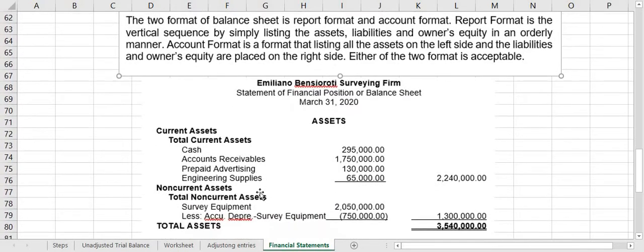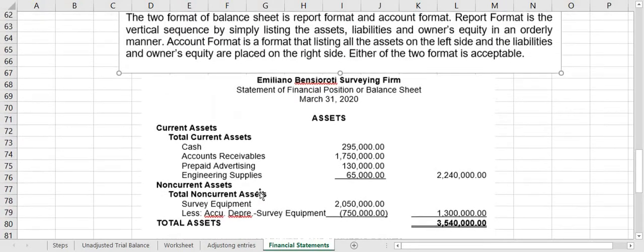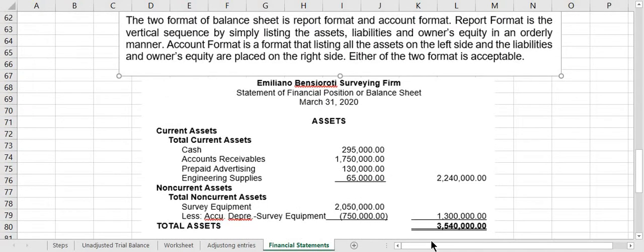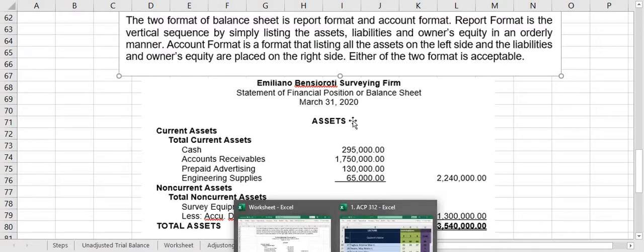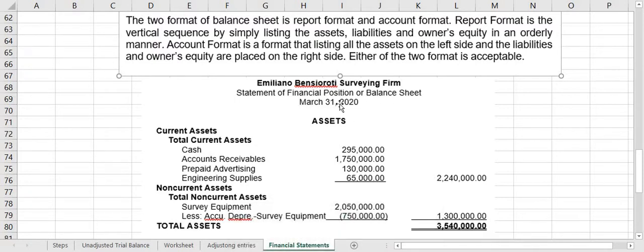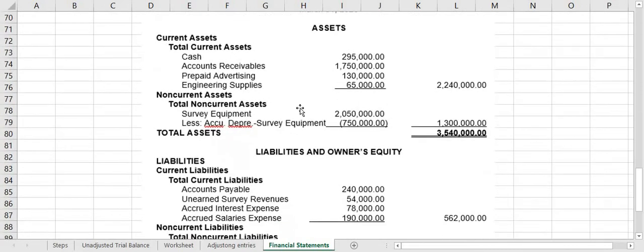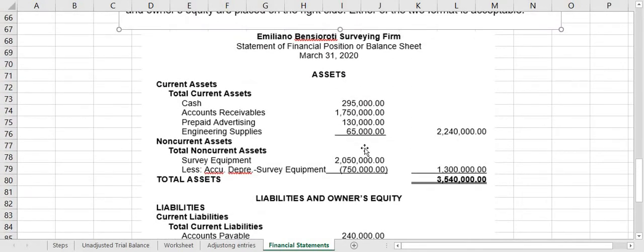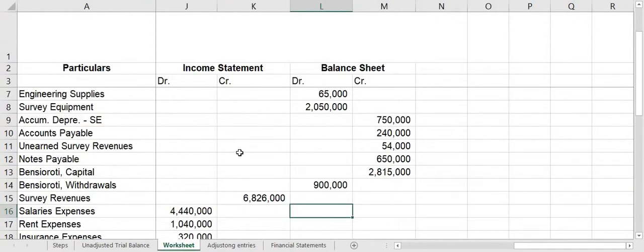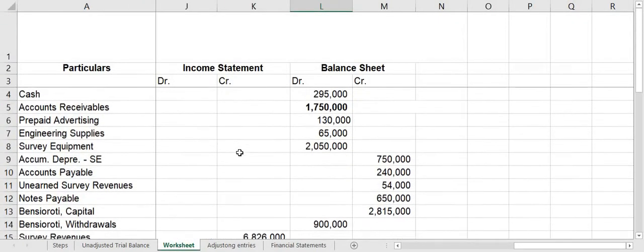Ayan. So, here is the balance sheet of Emiliano Bensurati Surveying Firm, or statement of financial position as of March 31, 2020. Itong mga accounts and amounts na nag-reflect dito are from ating worksheet din.